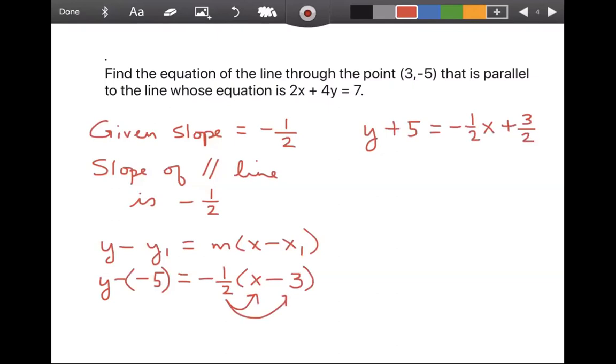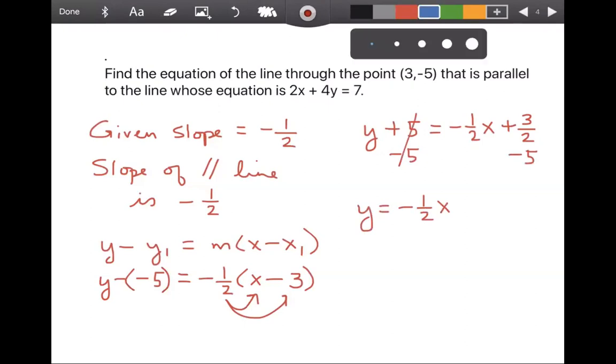And now I just need to subtract 5 from both sides. So this reminds me of, what was it, 2 problems ago? We get y equals -1/2 x. And now I need to combine these two fractions. So remember, think of the 5 as 5 over 1. This time we will multiply the top and the bottom by 2.